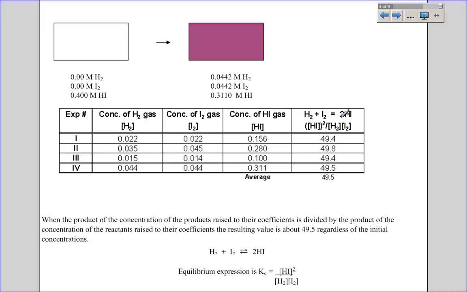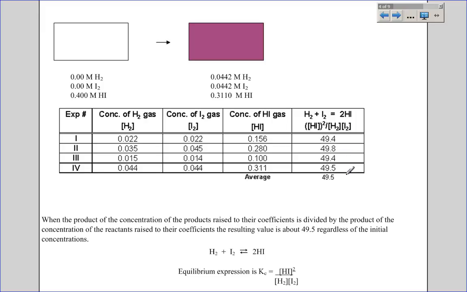Now, in this Excel spreadsheet that you're looking at, what we did was we took these values and we plugged them into this relationship. We took the concentration of the HI and squared it, and we divided it by the concentration of the H2 times the concentration of the I2. For each of the 4 scenarios that started out to be really different but established an equilibrium, what we can see here is that we get a constant.